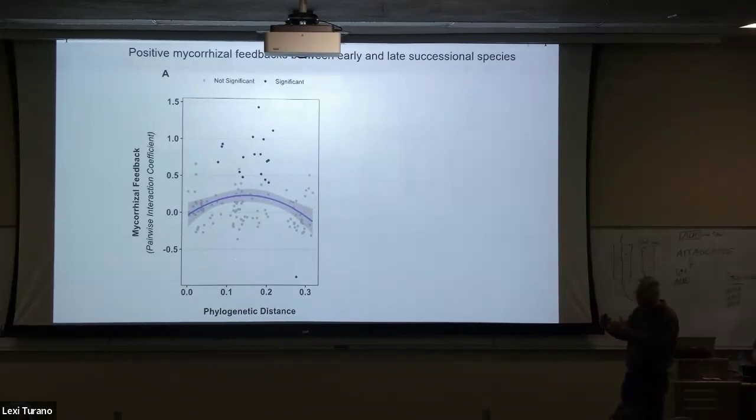It is less than 0.1, so I will leave it up to you whether phylogeny does or doesn't predict that relationship, but I don't have an a priori reason why phylogenetic distance would produce positive feedbacks. So I'm inclined to just say there's no relationship.